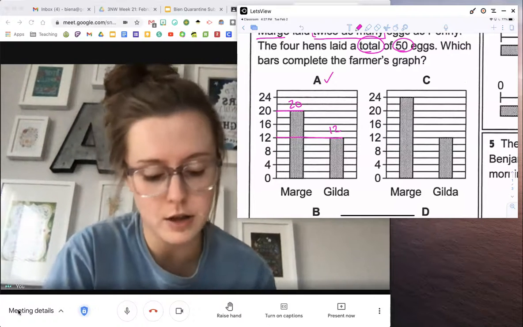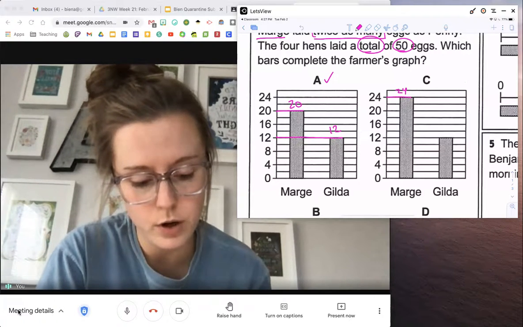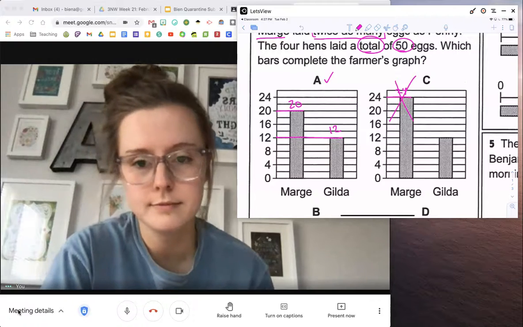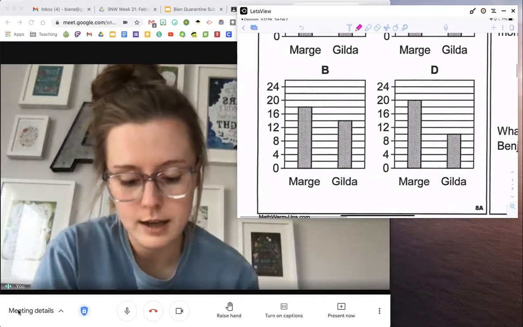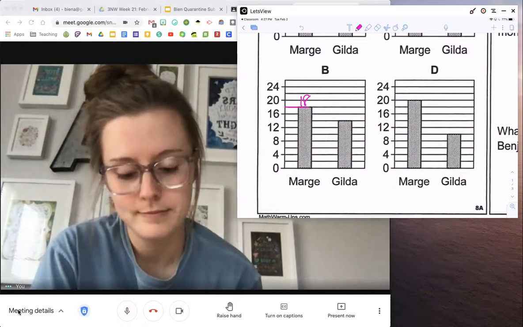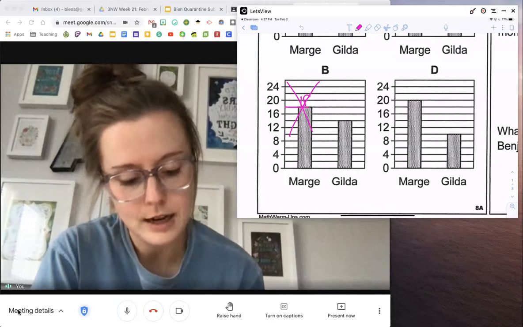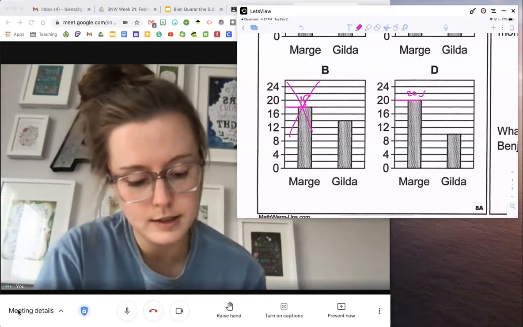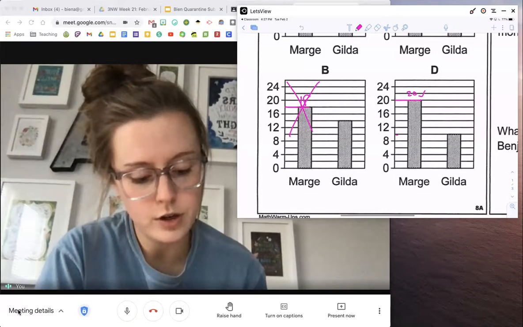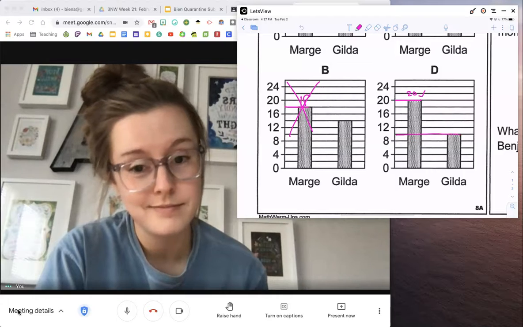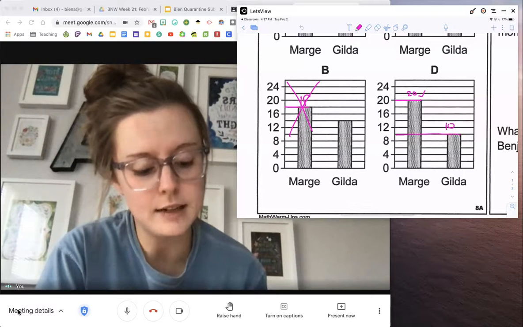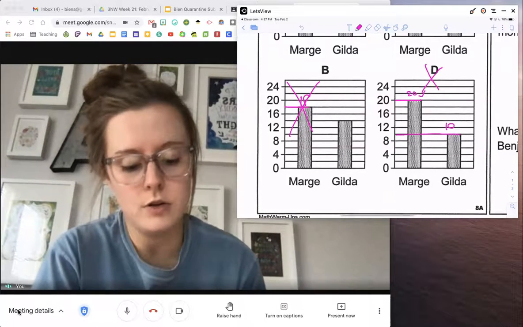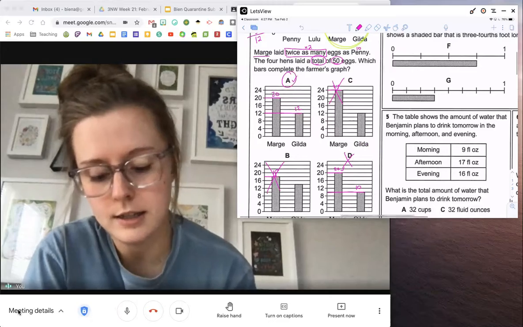Let's keep checking the rest though. I see 24. Nope. I see 18. Nope. I see 20. Yes. And, oh look, they tried to trick you because it was really close. It's not 12. It's 10. So D can't be it either. So your answer is A.